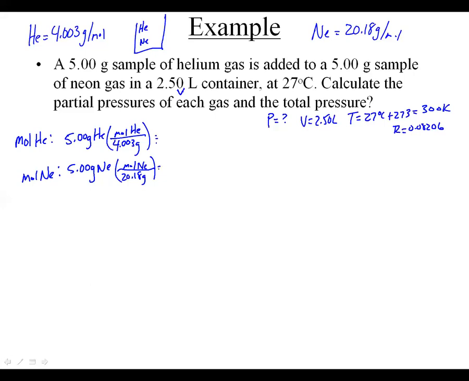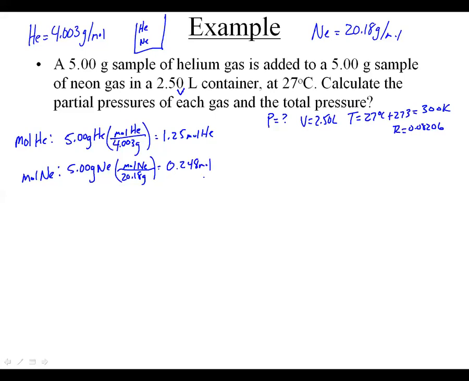At this point, if we punch in the right numbers, for our helium we get 1.25 moles of helium. And for our neon, we end up with 0.248 moles.